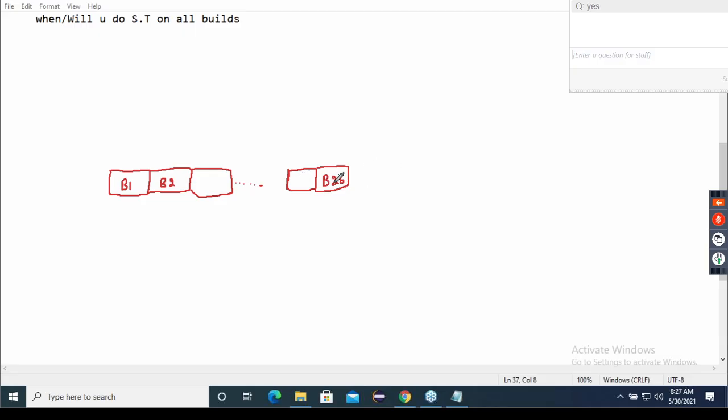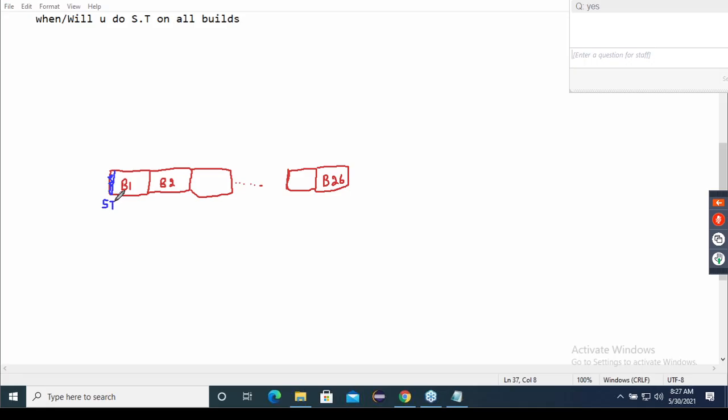Now the question is, in B001, are we doing smoke testing or are we not doing it? Yes. So as soon as this B001 is given to me, obviously I immediately start the first type of testing, smoke testing.